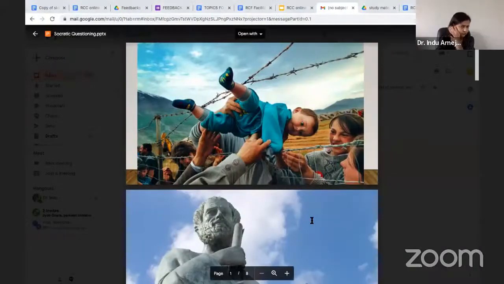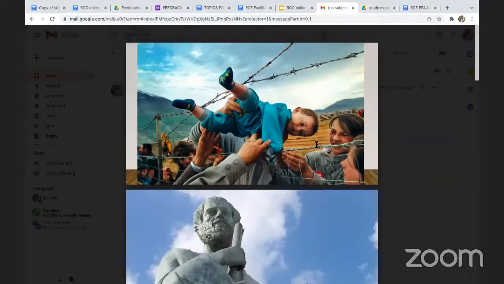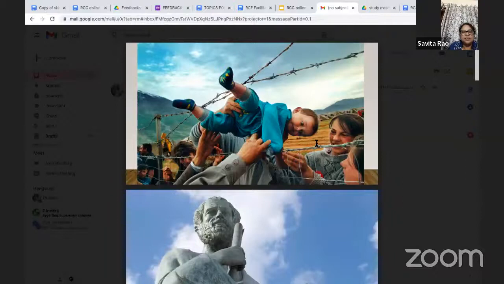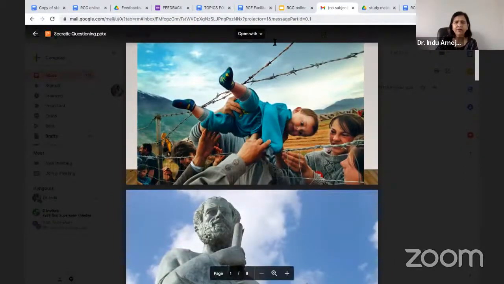Okay, there we are. Can we have just one screen, please? We are seeing two slides being shown. It's a PDF, so if I try opening it with another tool, it might take longer.